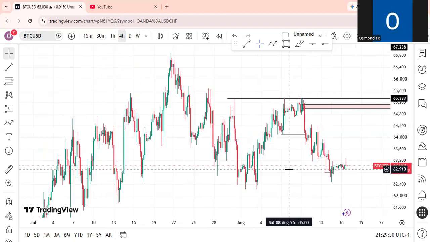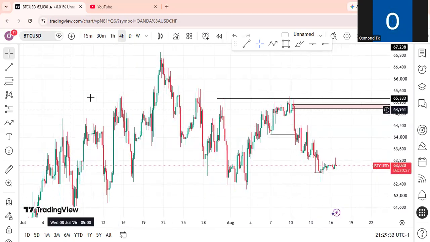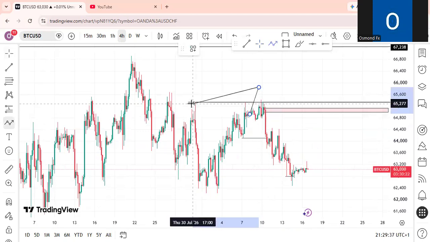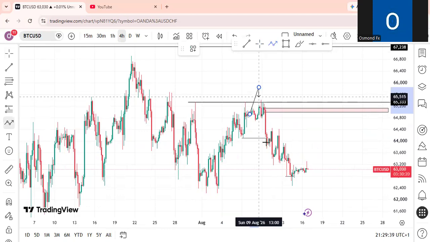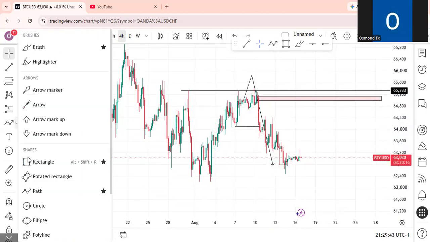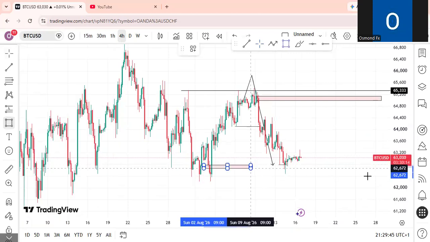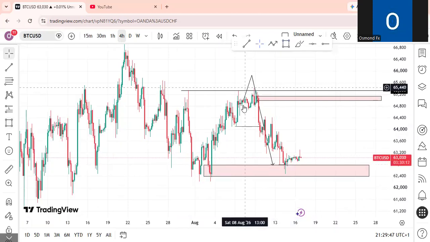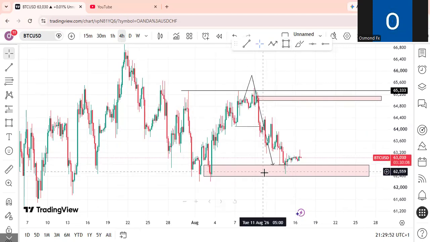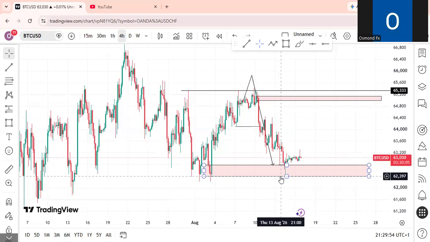All right, so what are we expecting? The issue is this high. Assuming the market broke above this high, we would have used this area, this demand zone here, and bought to the upside.